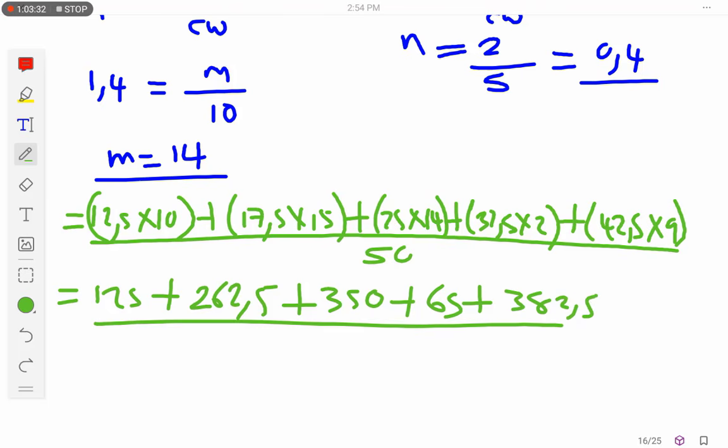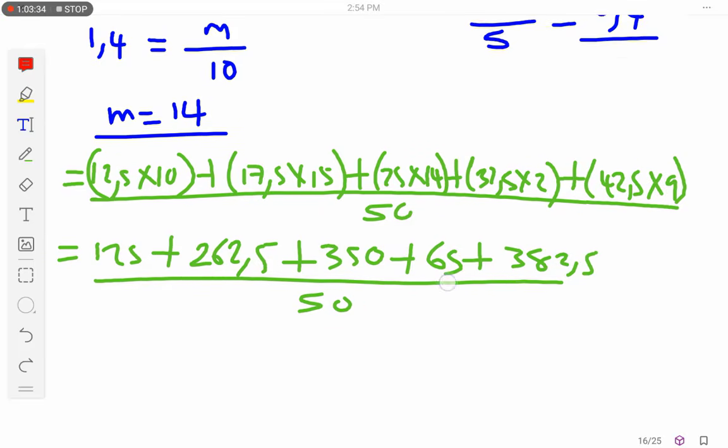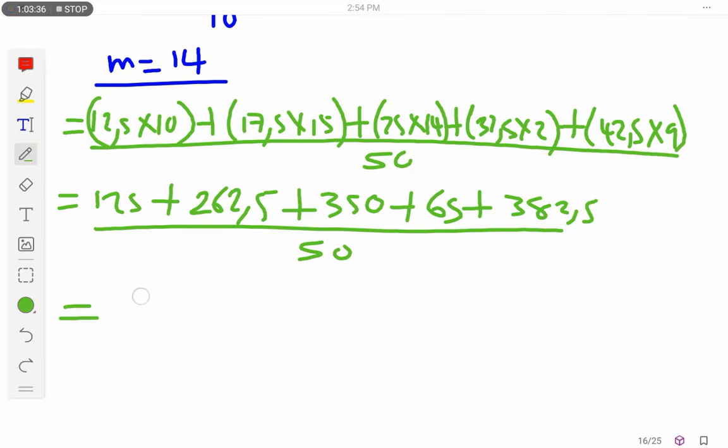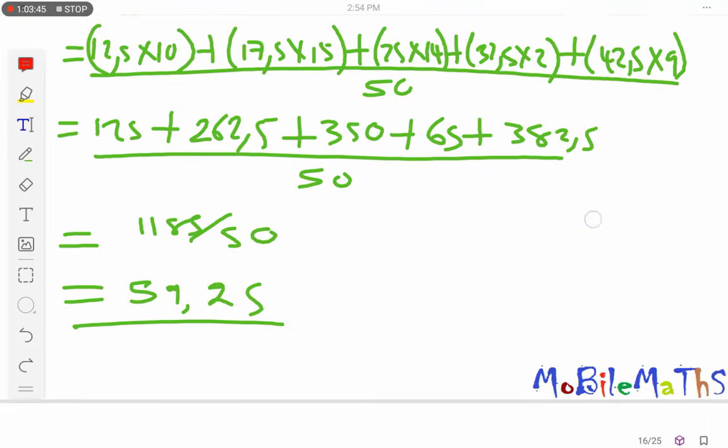All is divided by 50. Okay, so I will add, I'm getting 1185 over 50. Then this is 59.25. This is the mean. Okay, so we have answered that.